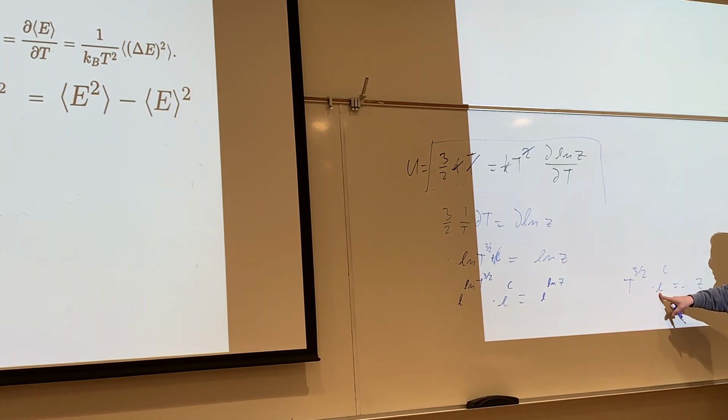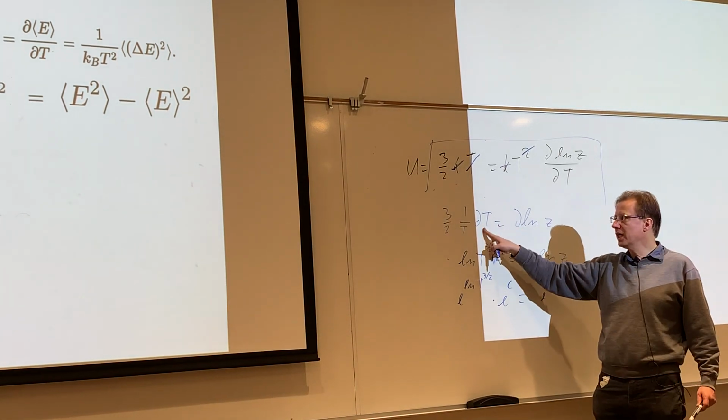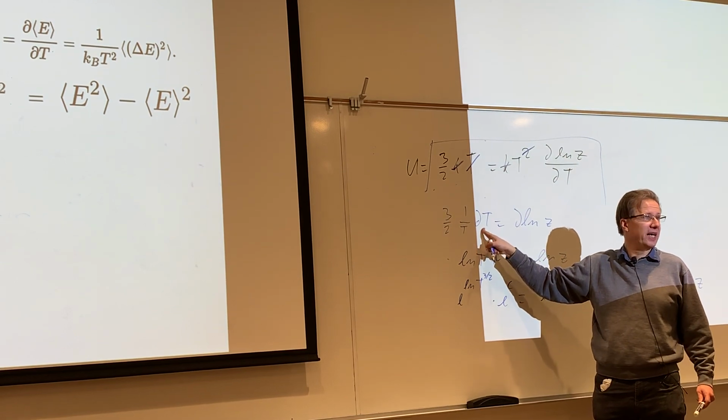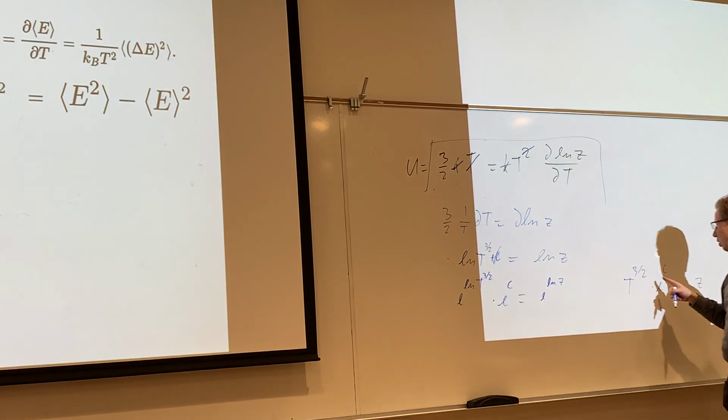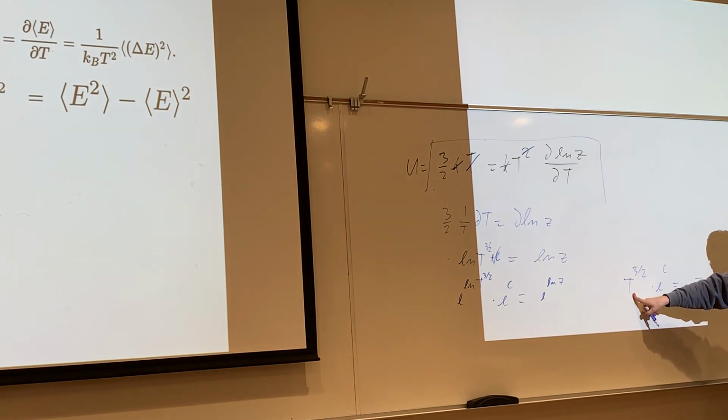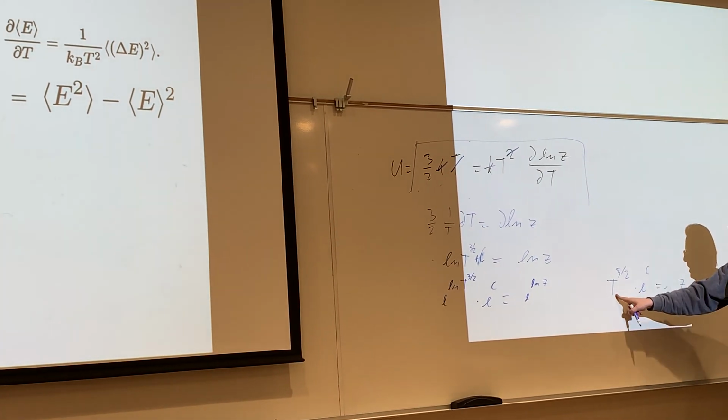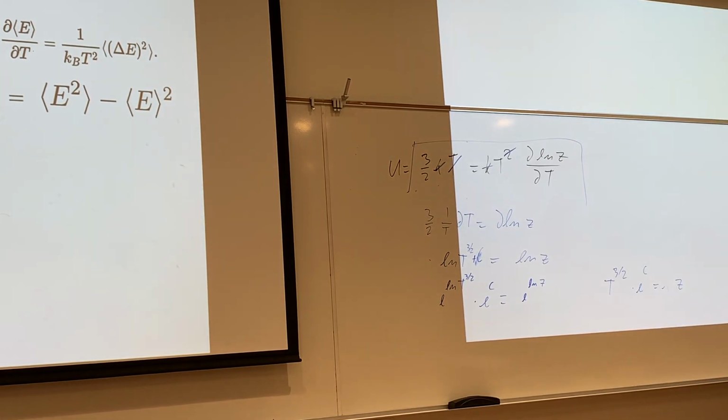We don't know a factor in z, that is e to whatever integration constant we have. But we know this is an integration constant with regards to integrating by t, so it doesn't depend on t, it's a constant. So the dependence of z on t is t to the power of 3½.